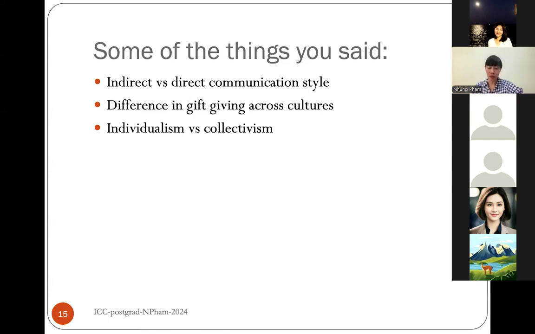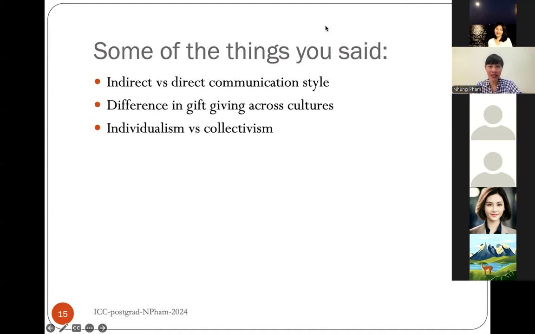So this is something that we have to point out clearly. Not all cultures are direct or indirect. In some cultures, if not all cultures, sometimes people are more indirect than direct, and sometimes they are more direct than indirect. But in some cultures, people tend to be more indirect than the others.